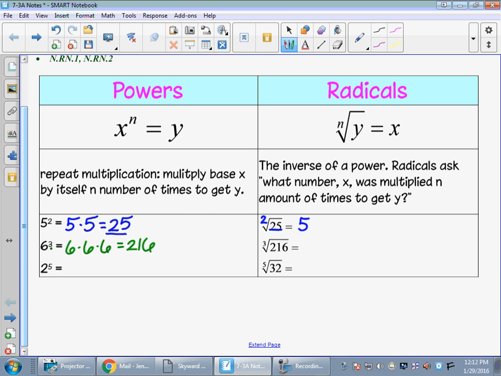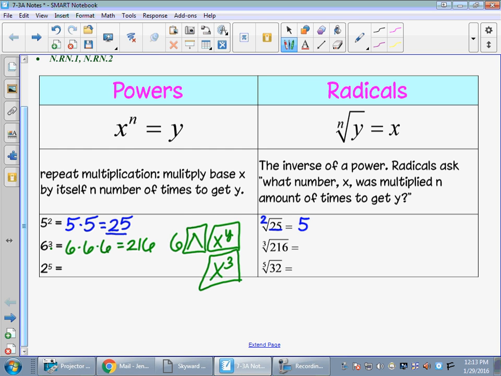But what I want you to do right now is look for the calculator key that actually has either a caret button, it's like an upside down V, or maybe like an x to the y power button. Okay, both of those will work. You may even have an x cubed button on your calculator. You might have an x squared button on your calculator. So everybody try that and try to get your calculator to tell you 216.